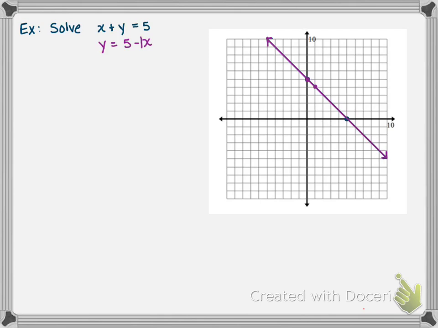And so, does this system have solutions? Are there any points that are on both of those lines? Yeah, all the points are on both of those lines, right? So it is consistent. Because it has solutions.